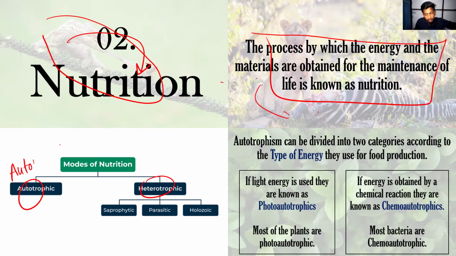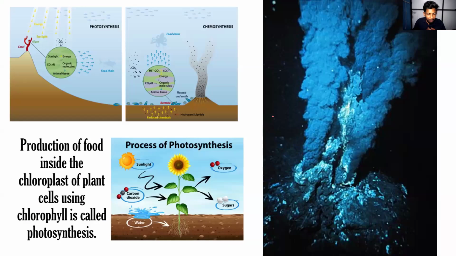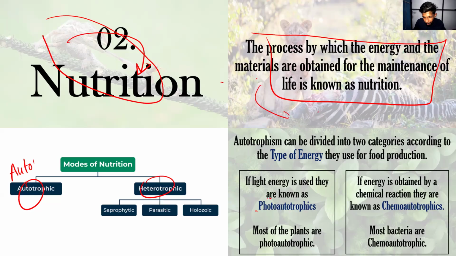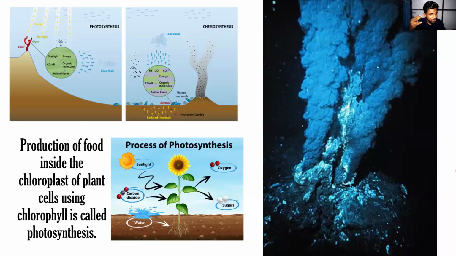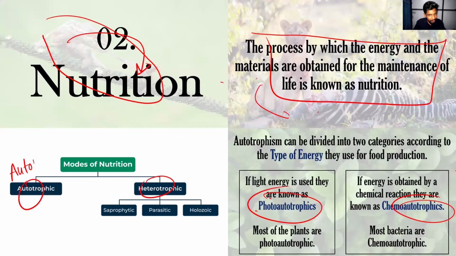And that autotrophic can be divided into two: chemoautotroph and photoautotroph. Try to get that idea. I remember that to explain chemoautotroph and photoautotroph, I allocated more time because most of the students were asking different questions and I was explaining this very deeply. Okay, try to get the idea.